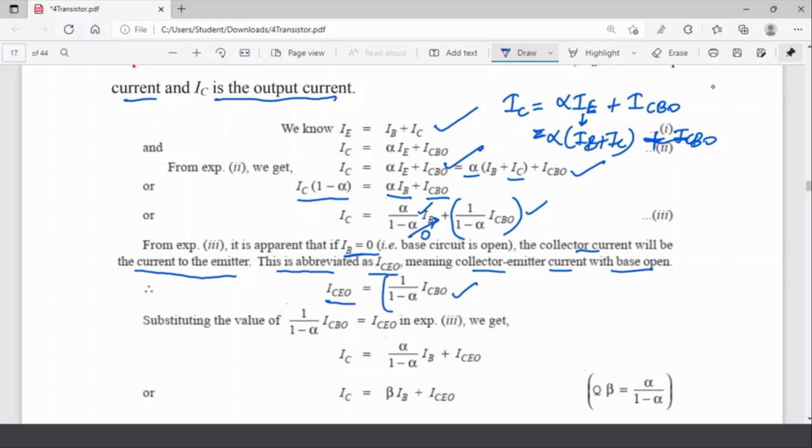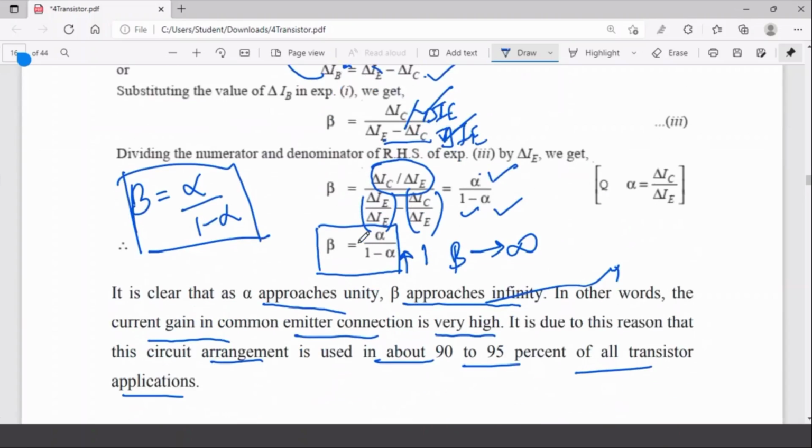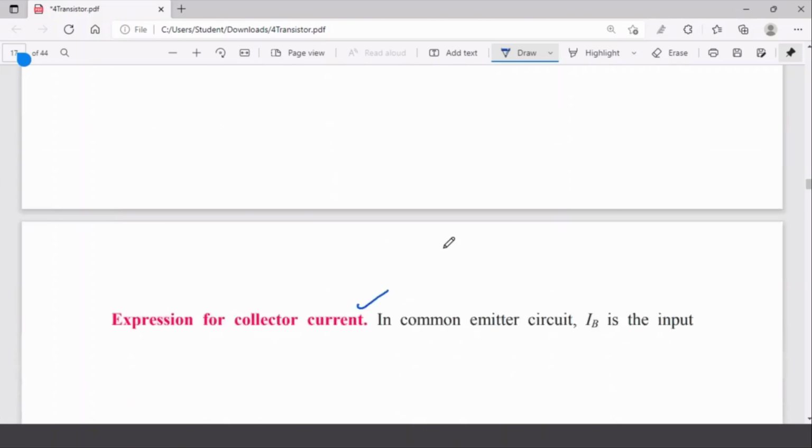Now this value, 1 upon 1 minus alpha into ICBO, if we write it as ICEO in this expression 3, in place of this bracket, what will we get? IC is equal to alpha upon 1 minus alpha into IB plus, this is nothing but ICEO, right? What is this value? Alpha upon 1 minus alpha. We've already seen that relationship between beta and alpha, that is, beta is alpha upon 1 minus alpha.